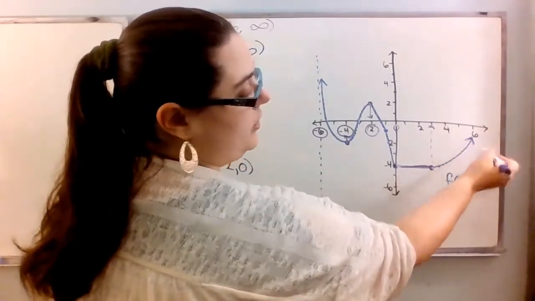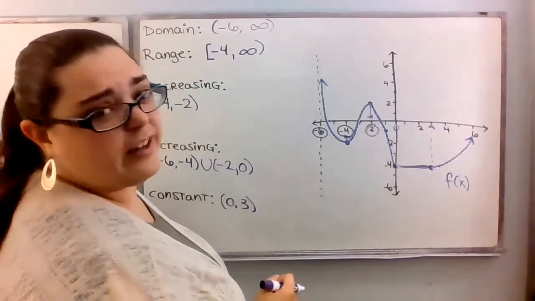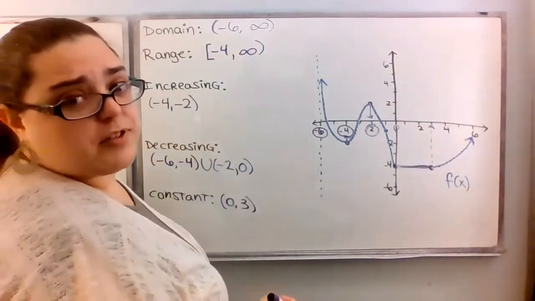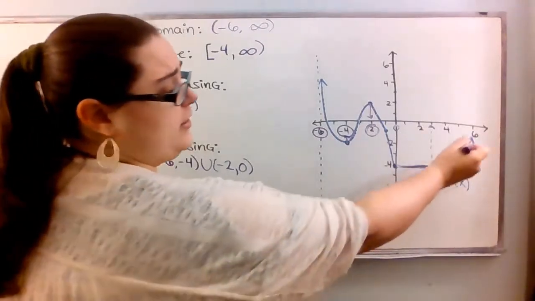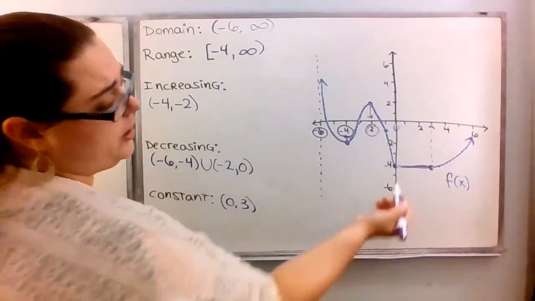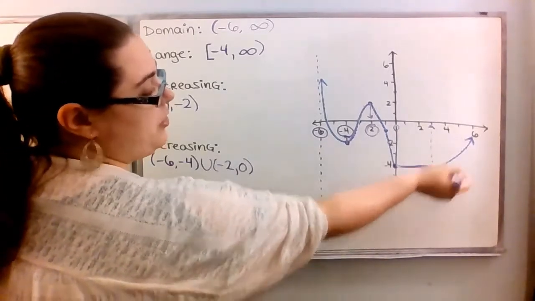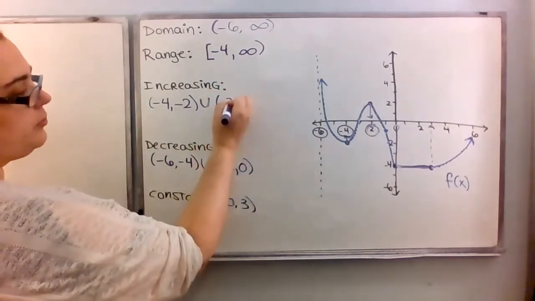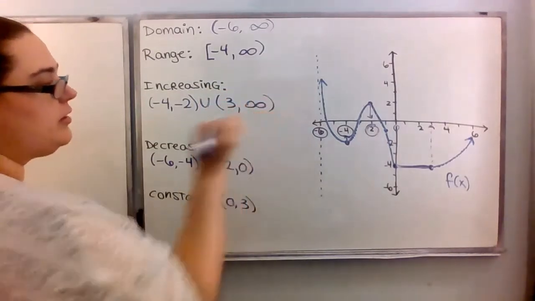And I'm going to go uphill until the end of time, which is kind of a bummer. Even more of a bummer, it's getting more and more steep as time goes on. So that's not good for this little ant on his journey here. But oh well. So we're increasing from 3 until forever. So we're going to union on here from 3 until infinity.